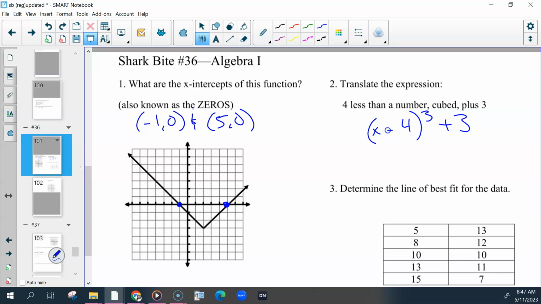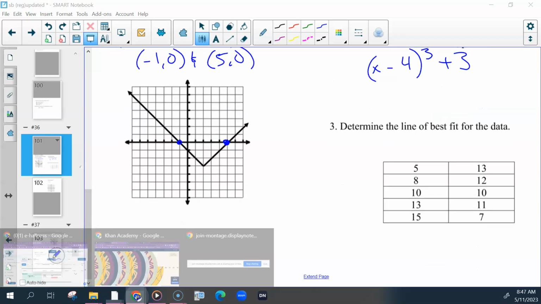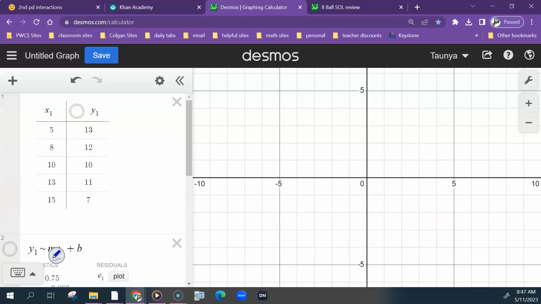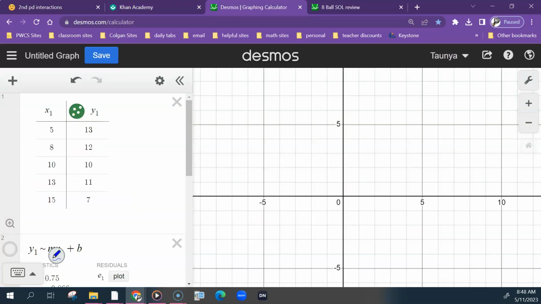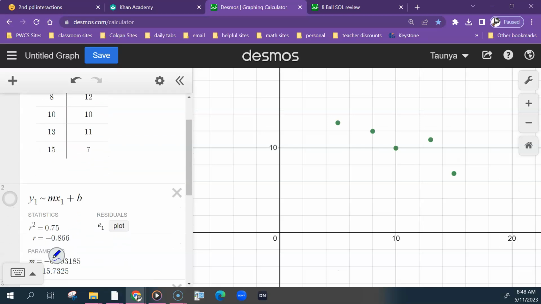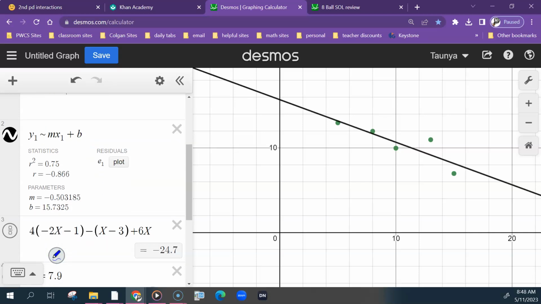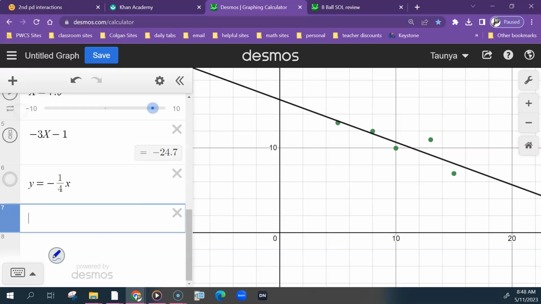And then 3, determine the line of best fit. So you're given a table. You can put that table in on Desmos. And then type in your y1 tilde mx1 plus b, place it in. And your equation, which I didn't write.